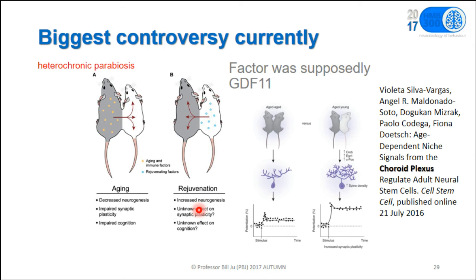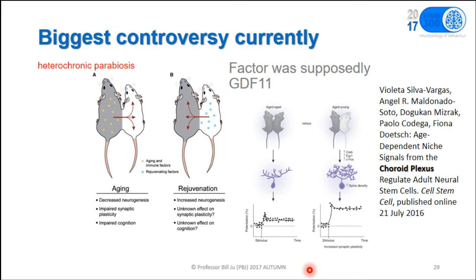This gets reversed if you get a transfusion of young blood. We would also see, and you can actually see this here, increased synaptic plasticity, or LTP. So this is the normal level, but now after rejuvenation, we get this much bigger level of synaptic plasticity, and we now know that there's actually a really strong effect on cognition. They remember things better, they learn faster, it's a much better system.